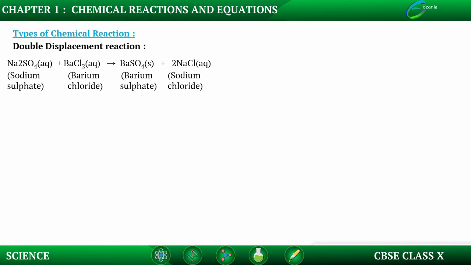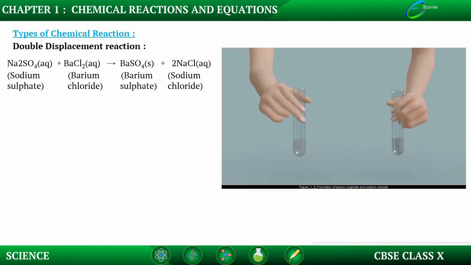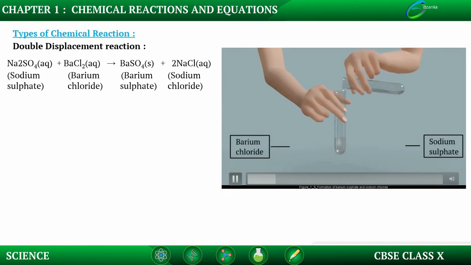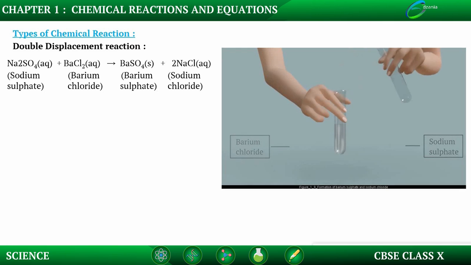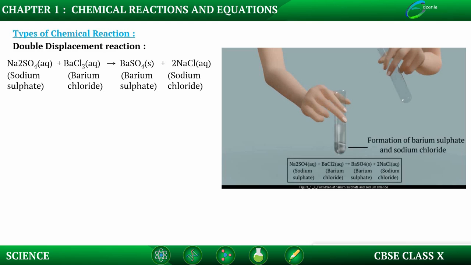What is happening here? Let us perform an experiment to know what exactly happens. When barium chloride and sodium sulfate are mixed together, there is formation of barium sulfate and sodium chloride.